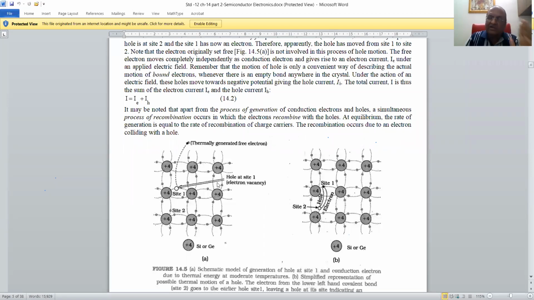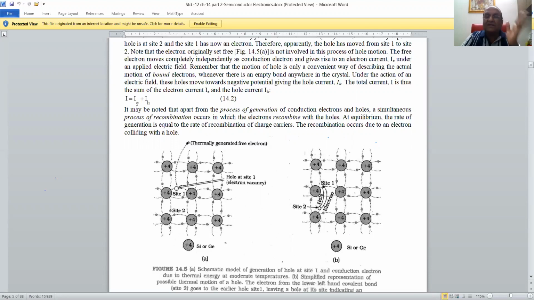Actually all the current is constituted by electrons only, but the current we showed as due to holes, IH, lets us know that this particular current is constituted due to jumping of bound electrons, and this one, IE, is constituted due to flow of free electrons.